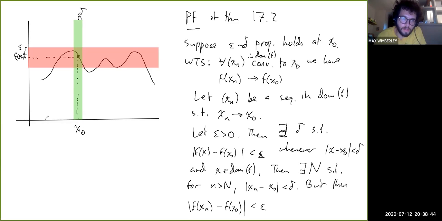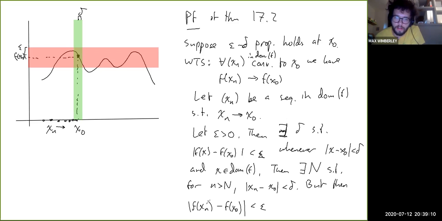So what happened is now we have our sequence, right? This is xn, and it's approaching x naught, and eventually it gets inside of this band, right? But that means that all of the f of xn's get inside of this green band, but then that means they also have to stay inside the red band because that's how we chose delta, right?